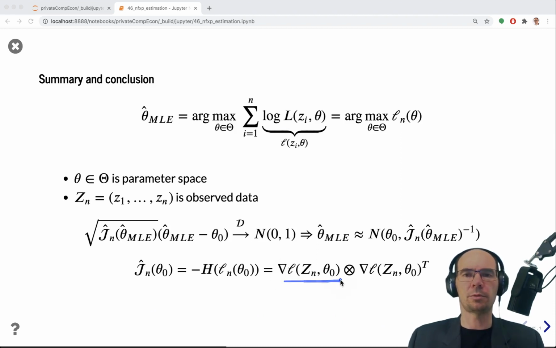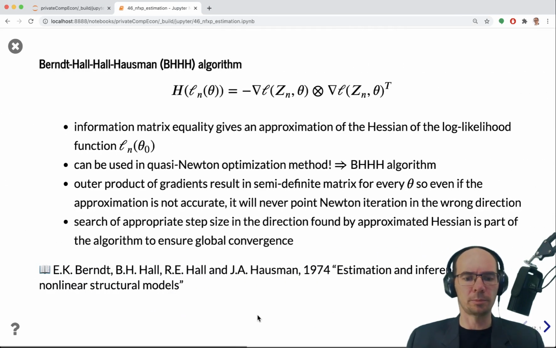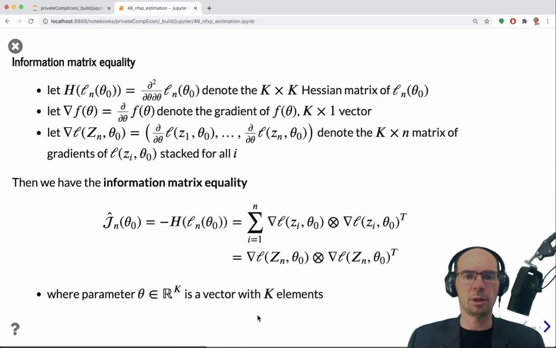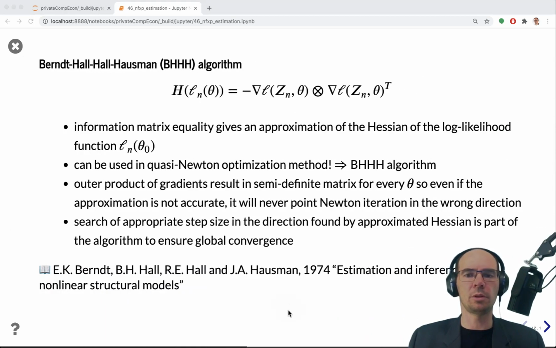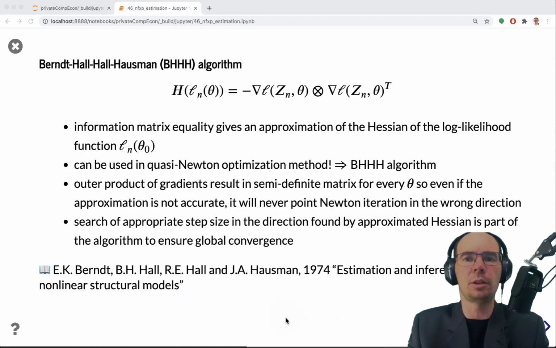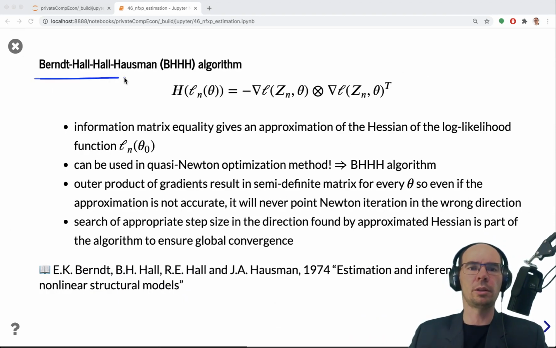You know, taking just one derivative is always better than taking two. But moreover, this equivalence, the information matrix equality, leads to a wonderful optimization method, which is referred to as the Berndt-Hall-Hausman algorithm, BHHH.